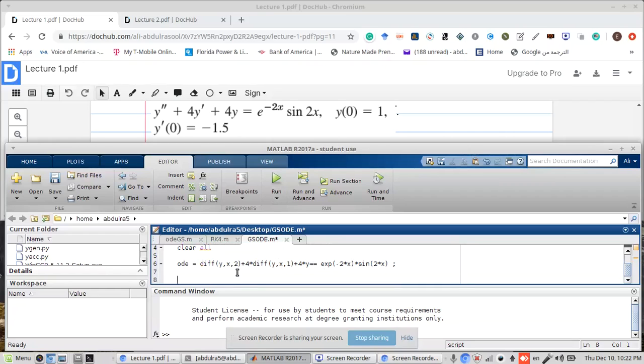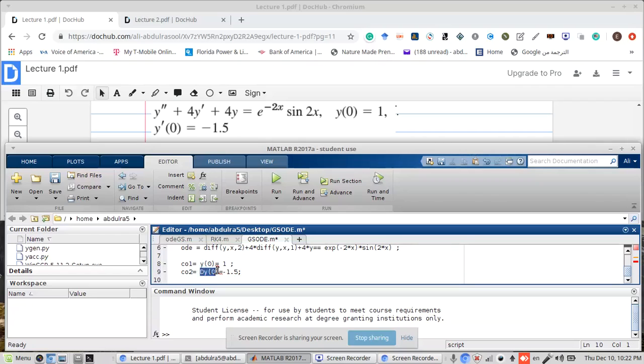How about the conditions? Well, I can write C0, the condition 1, when y equals something for x is 0. So it is 1. Condition 2, the derivative of y when x equals 0, it is minus 1.5 and semicolon.